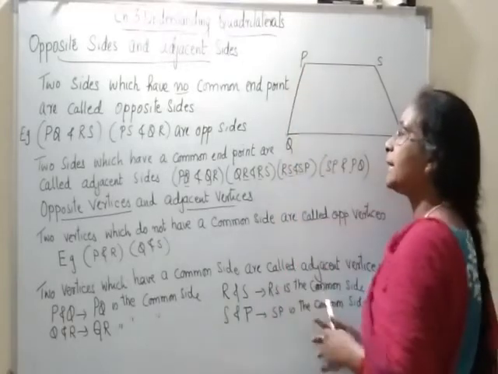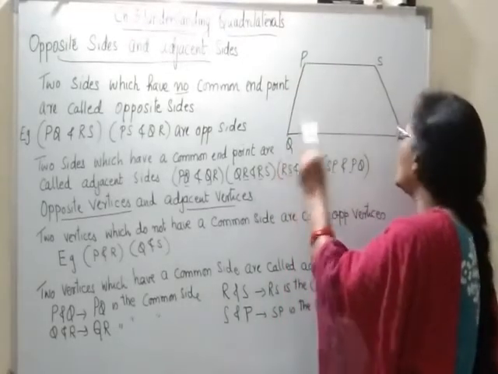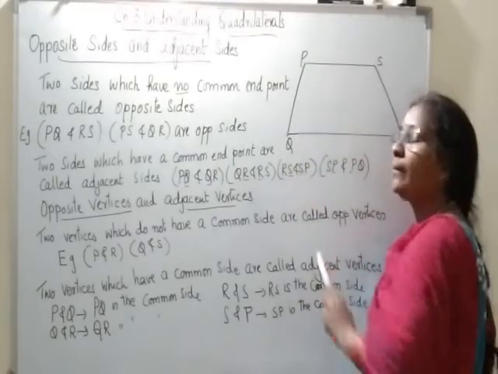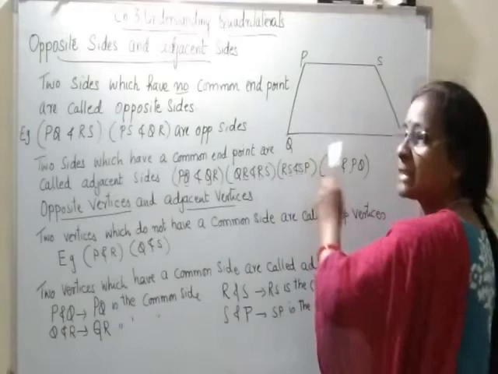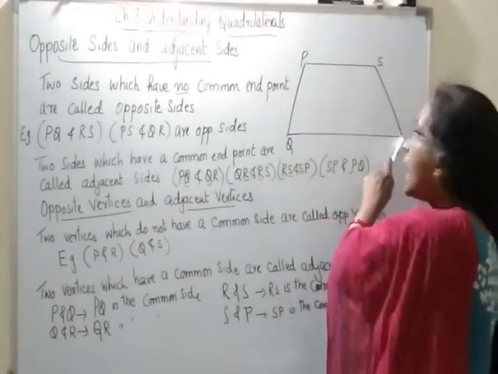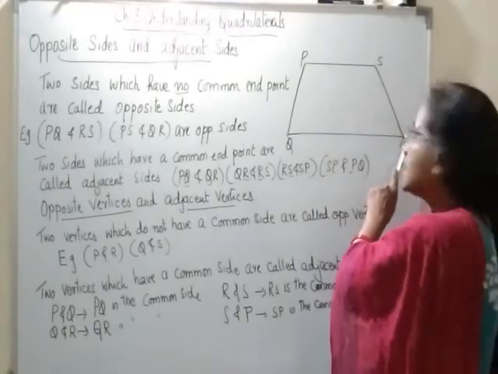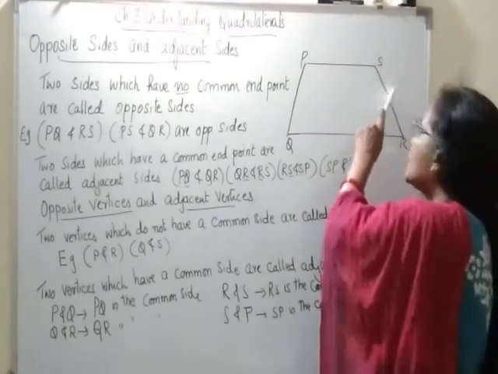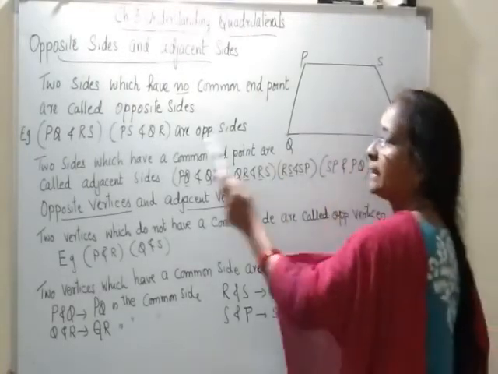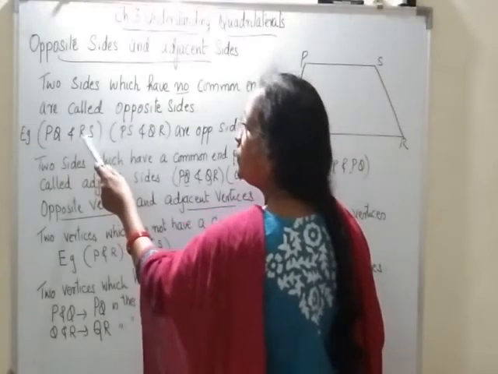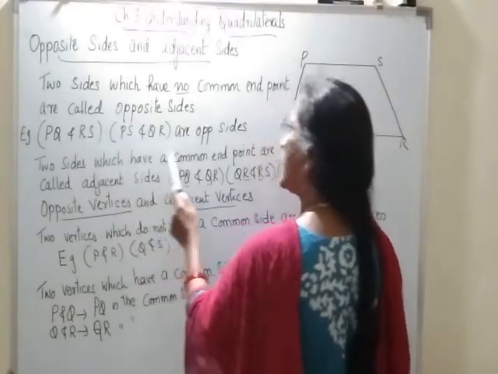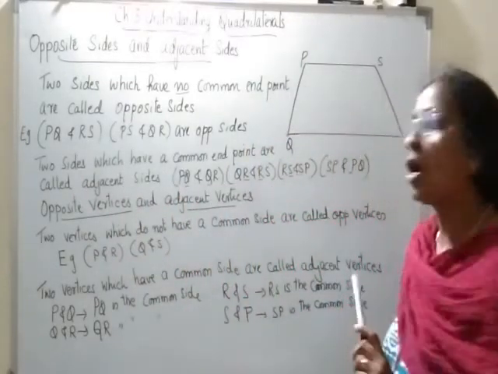Similarly, if you take the sides PQ and QR, Q is the common end point. So, these 2 sides are adjacent. Similarly, if you take QR and RS, R is the common end point. So, these 2 sides are also adjacent. So, 2 sides which have a common end point are called adjacent sides.